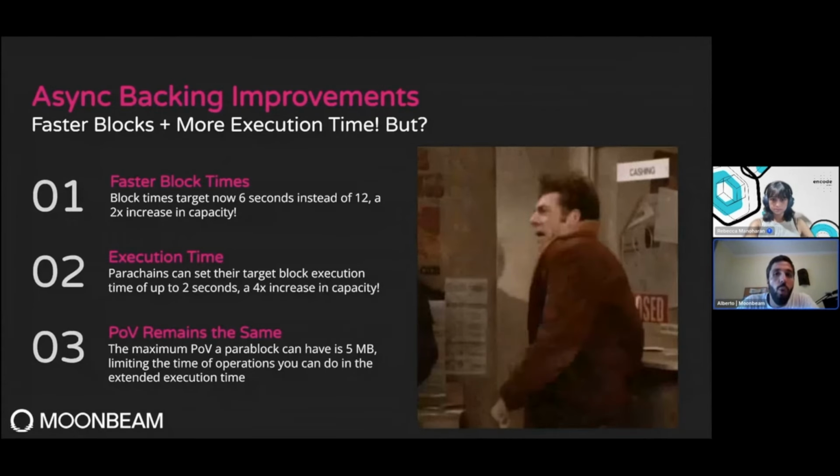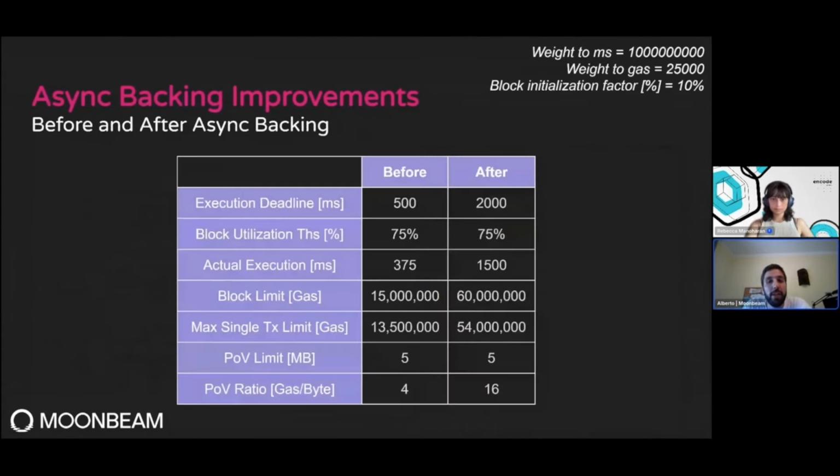And so I wanted to explain this a little bit with some numbers. This is before and after asynchronous backing on Moonbeam. So remember the execution deadline. The execution is the amount of time you had to execute all the transactions on the network, which before async backing was 500 milliseconds, and after is 2 seconds now, or 2000 milliseconds.